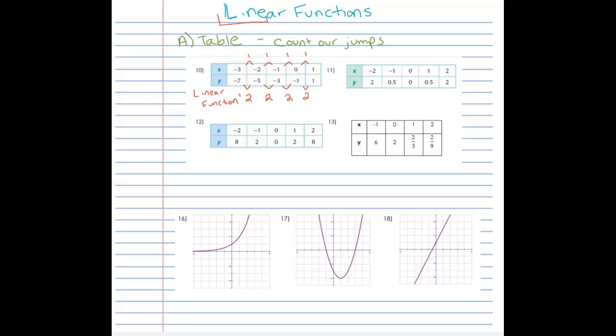All right. Next up, let's look at number 11. We're going to do a couple together, a couple on your own. Just by looking at this, -2 to -1, looks like we're going up 1. -1 to 0, 1, 1, 1. Same here. The y's need to be the same number.